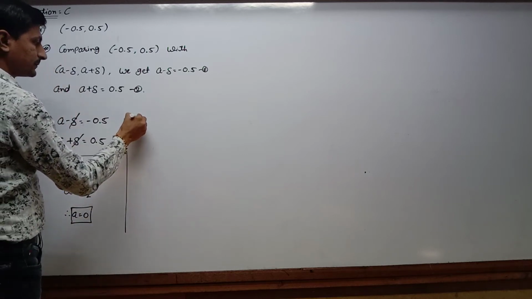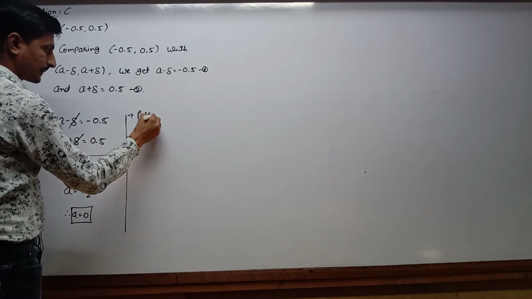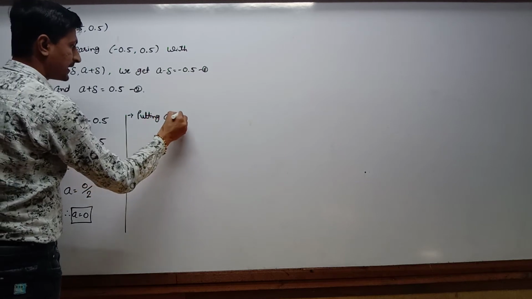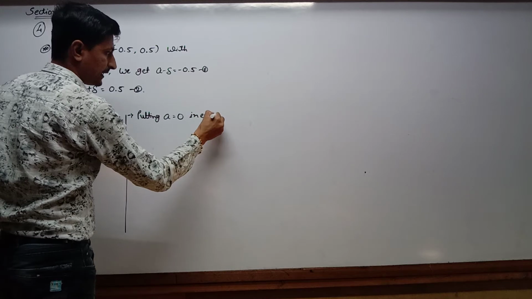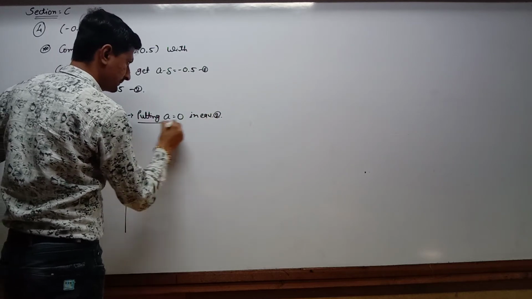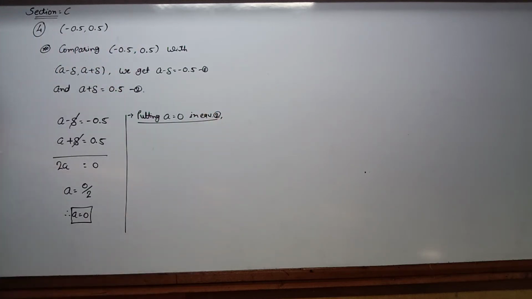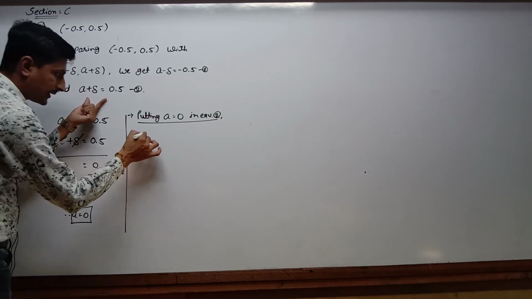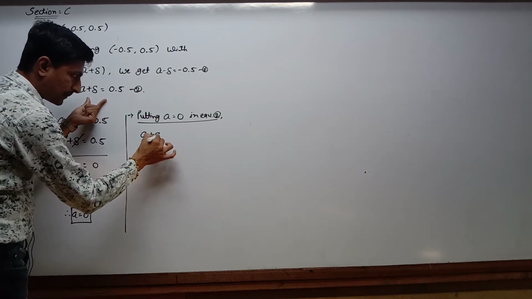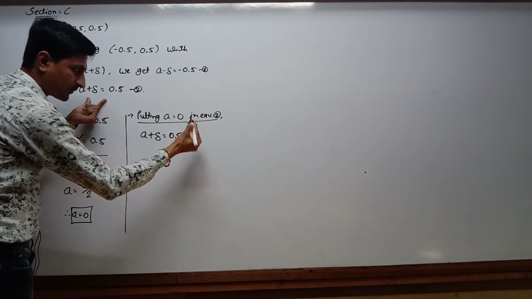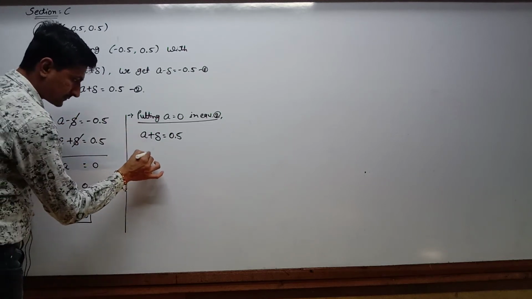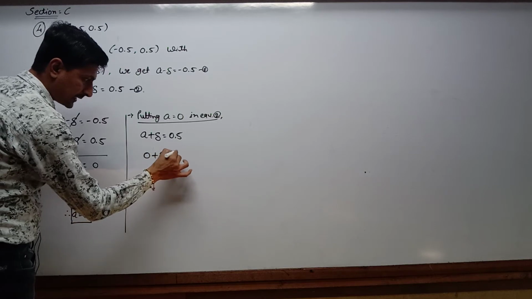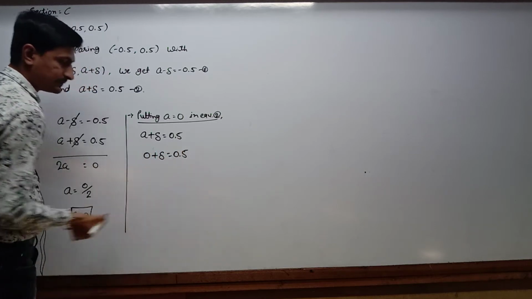So write down, putting a is equal to 0 in equation 2: a plus delta is 0.5, value of a is 0, so 0 plus delta is equal to 0.5.